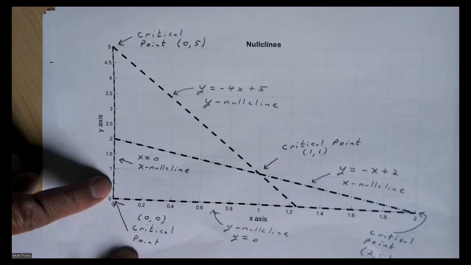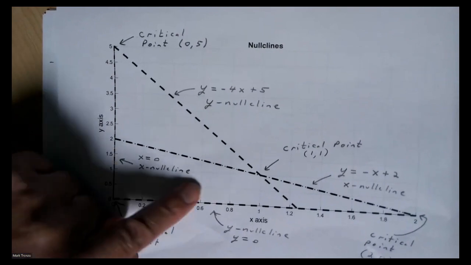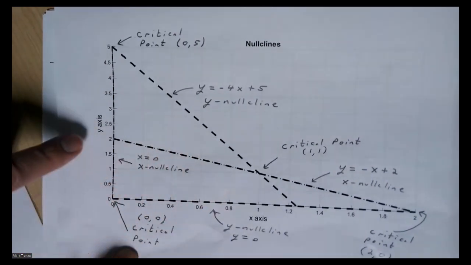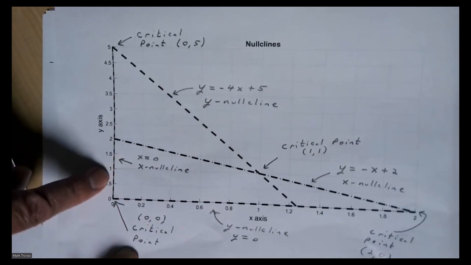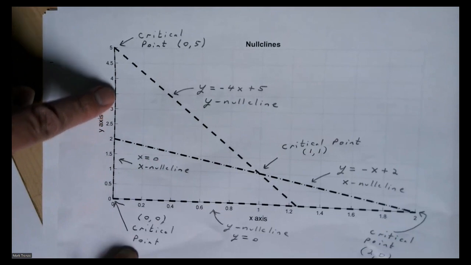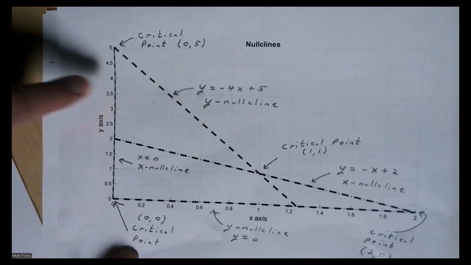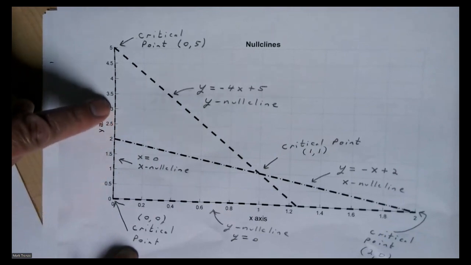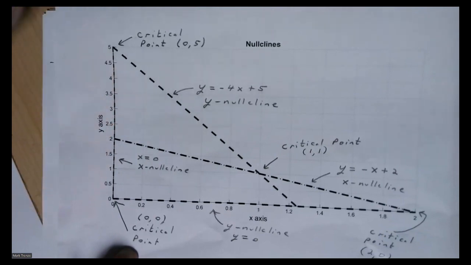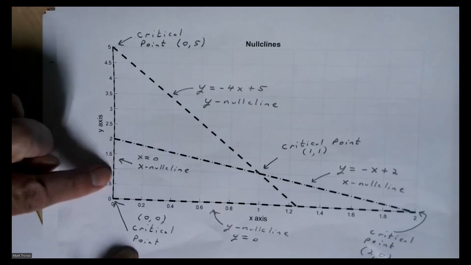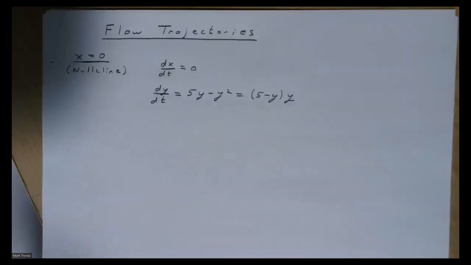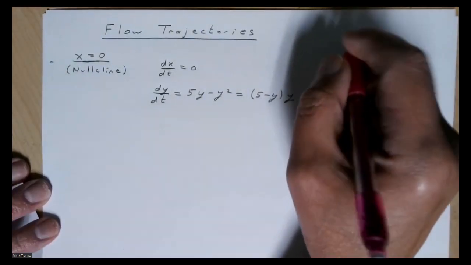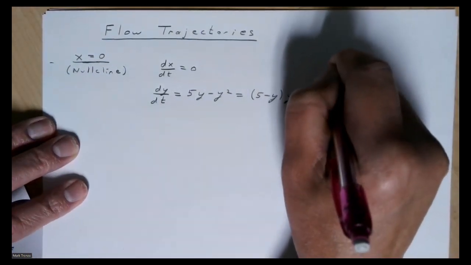Actually, this is also an x nullcline, but let's check in this region here and check in this region up here. So we want to take points along x equals 0 and try y values. Let's try y equals 1 and y equals 3. And so let's make a little chart here, maybe even.